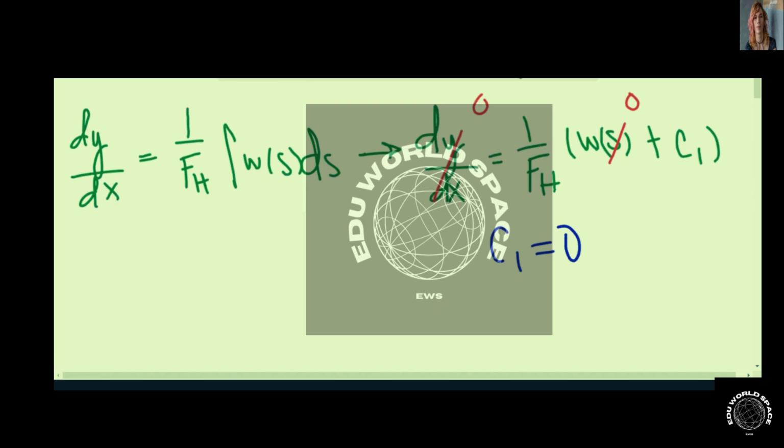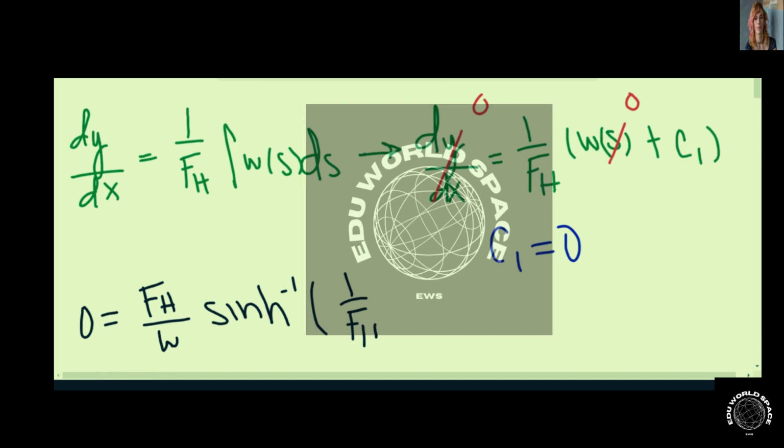Now if you plug this constant as well as the other constraints back into the original x equation, you'll have 0 equals F sub H over w times the inverse hyperbolic sine of 1 over F sub H times w times 0 plus 0, because c1 equals 0, all in parentheses, plus c2.